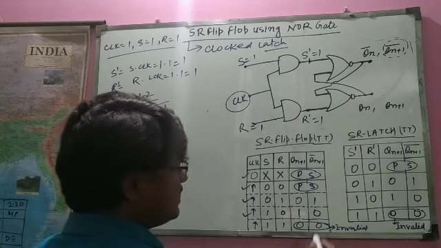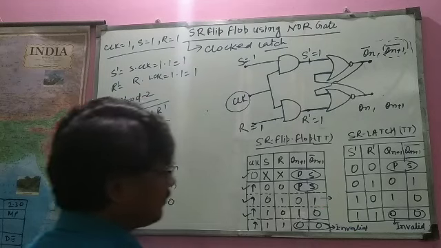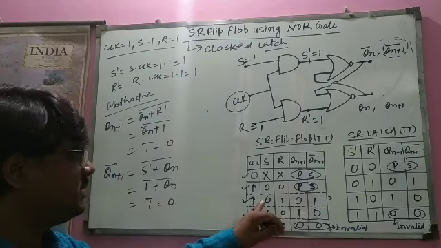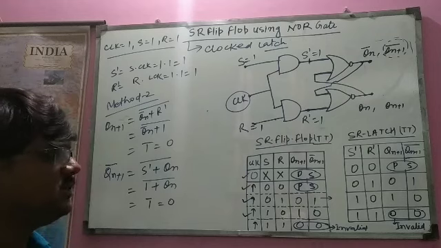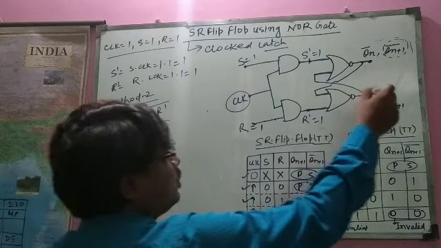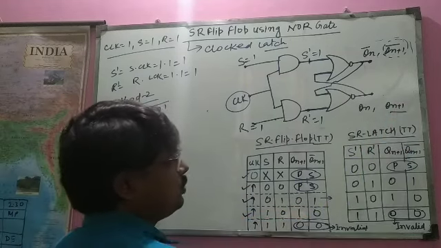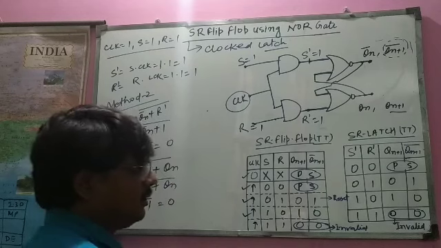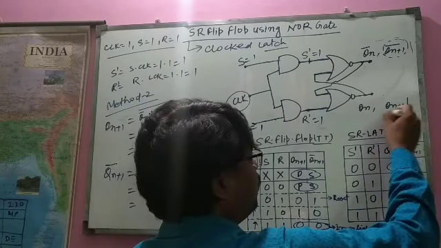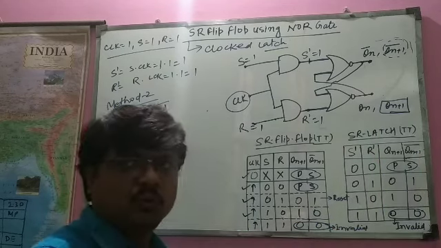And what is this condition? When S is 0 and R is 1, what is the value of qn plus 1? It is 0, so this is the condition of reset. qn plus 1 is always known to be the output.